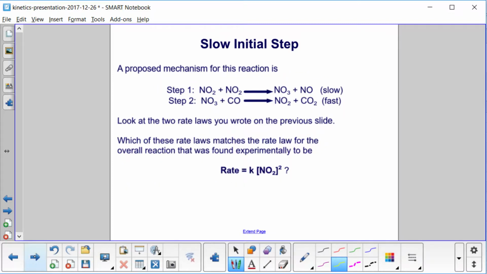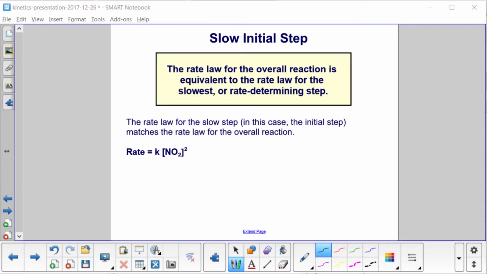So if I go forward, the rate law that matches is the one for step 1. To summarize, the rate law for the overall reaction is equivalent to the rate law for the slowest or rate-determining step.